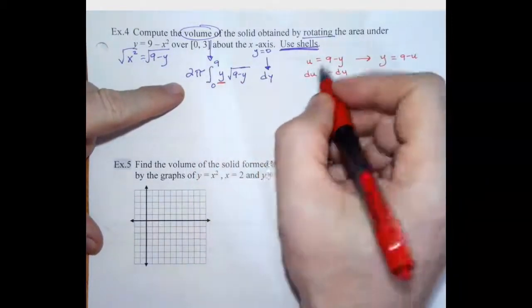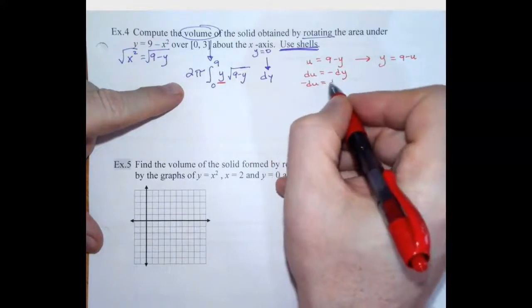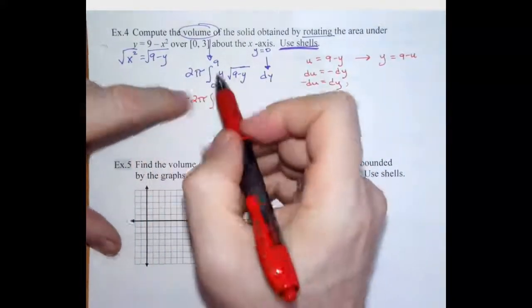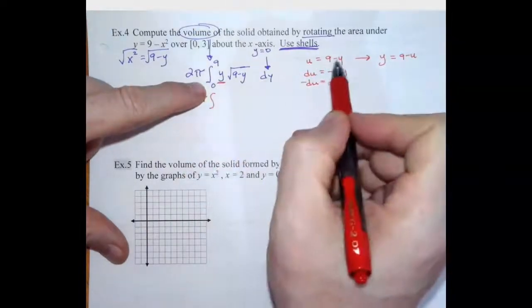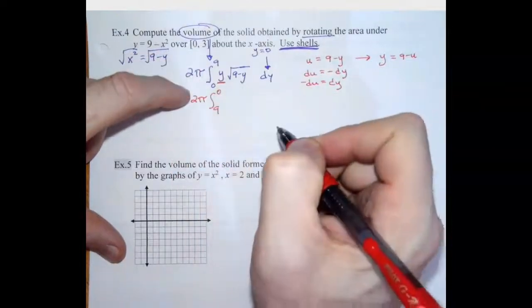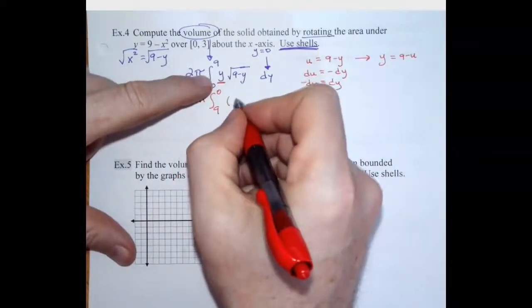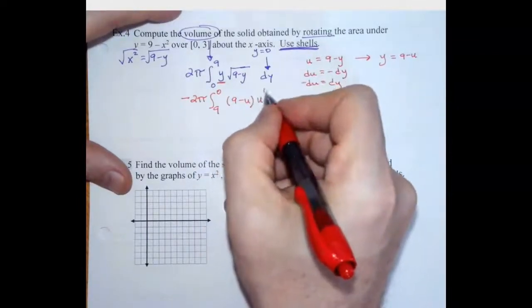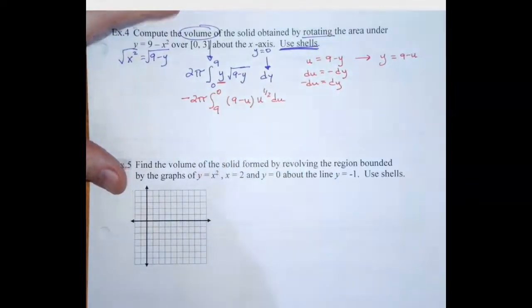dy becomes negative du. So that's going to be negative. I need to switch these limits of integration. So if I plug in 0, I get 9, and if I plug in 9, I get 0. y is 9 minus u, and this is u to the 1/2.